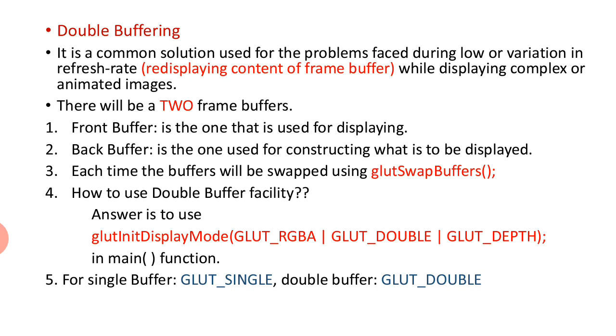Double buffering is one of the most commonly used solutions for the problems faced due to low or varying refresh rate, that is, when displaying the content of the frame buffer while displaying complex or animated images.